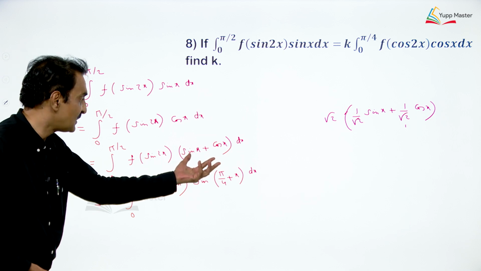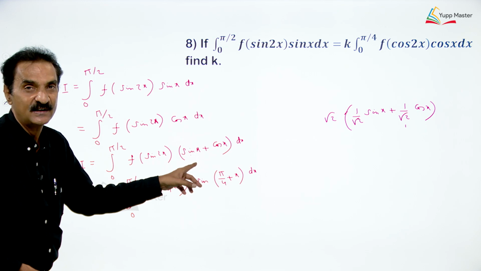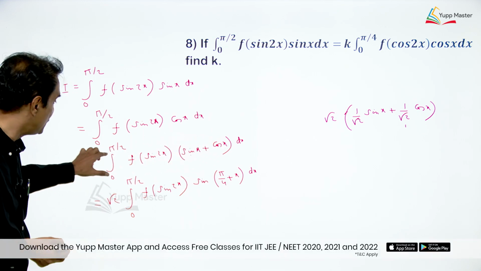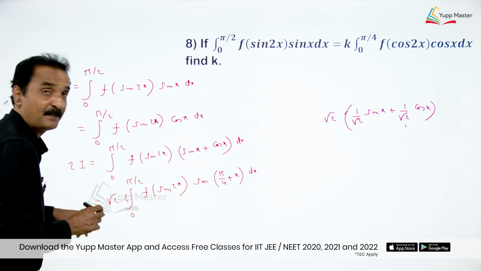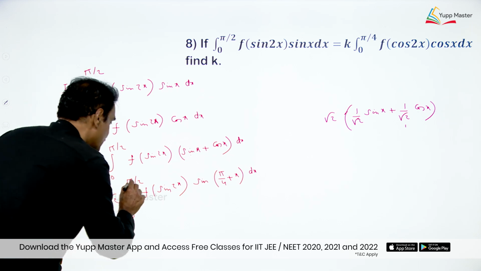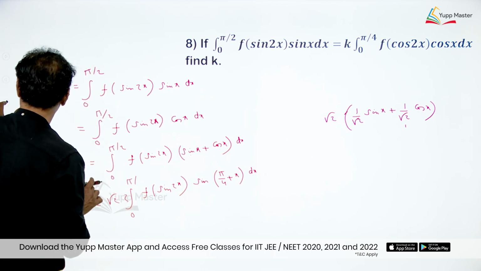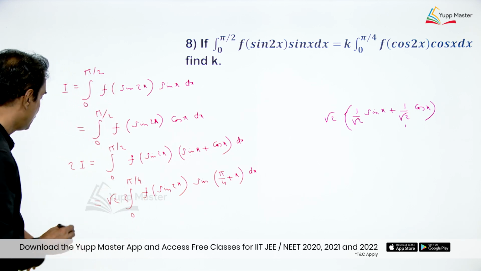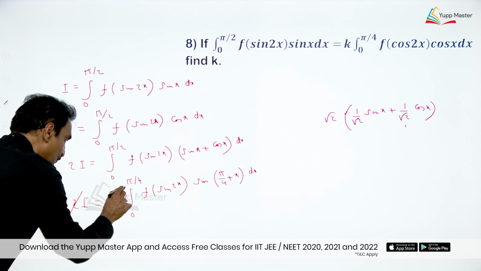This becomes cos x plus sin x, sin pi by 2 minus x is cos x, cos pi by 2 minus x is sin x. So, the whole function remains same. So, applying the property, you can multiply the integral by 2 and divide the upper limit by 2. So, this pi by 2 becomes pi by 4. Okay. This is 2I. So, cancel 2.